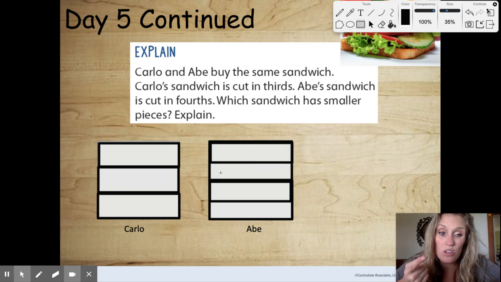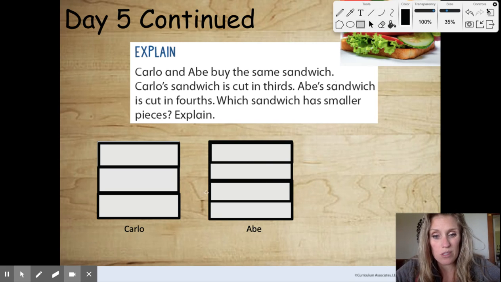But also, I'm learning that I cut this sandwich into 4 pieces, and I only had to cut Carlo's into 3 pieces, meaning Abe's pieces have to be smaller because I cut the sandwich more times. That's kind of my thinking.